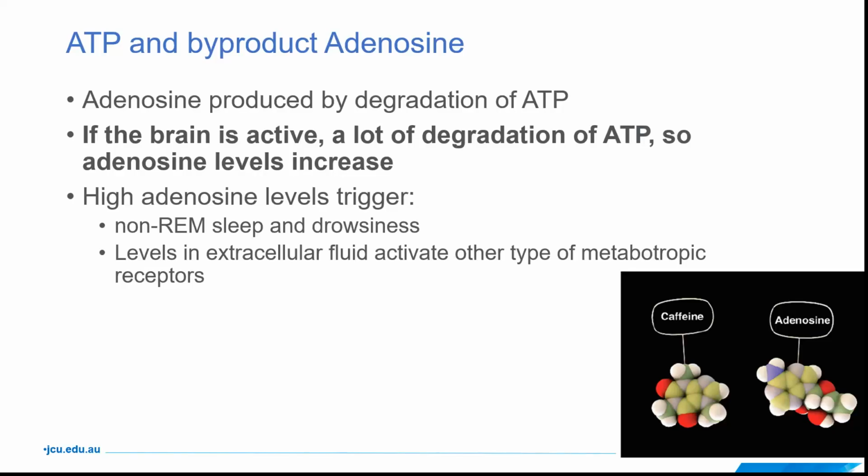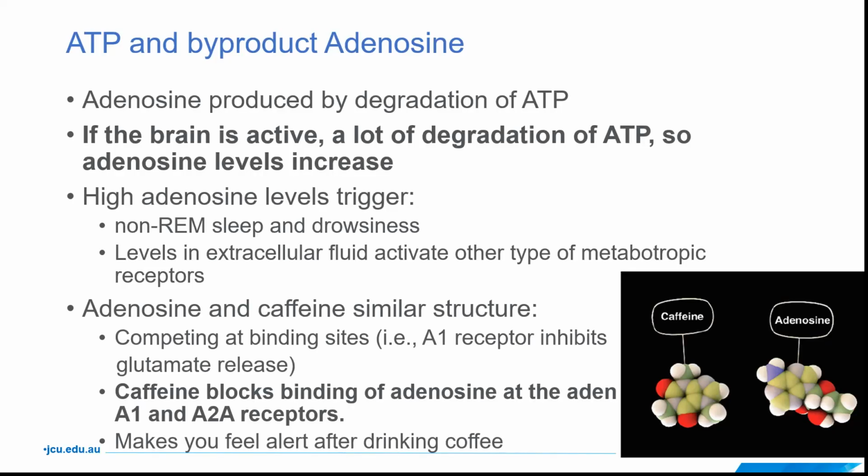That's high levels. And adenosine and caffeine have a similar chemical structure. However, they compete at the binding sites. So there's this thing called the A1 receptor. It inhibits glutamate release. So this is actually not desirable. Caffeine blocks binding of adenosine to A1 and A2A receptors.